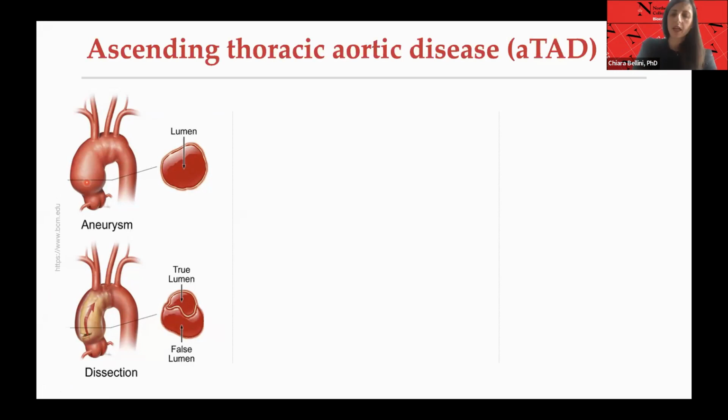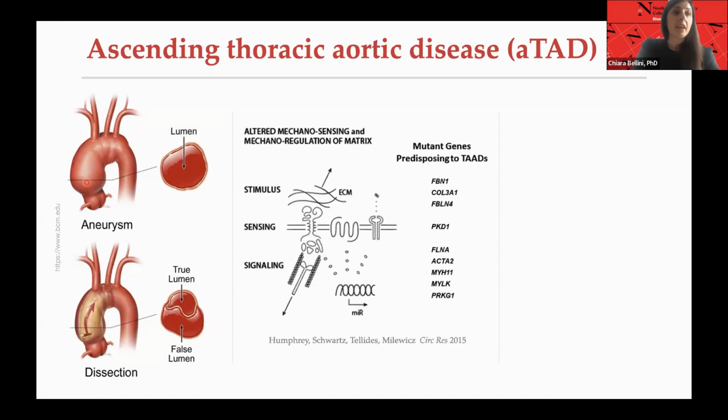And perhaps a clue to answer this question comes from the genetic mutations that predispose to the disease. Indeed, these mutations often prevent the transmission of mechanical stimuli throughout the extracellular matrix, compromise the ability of medial smooth muscle cells to sense mechanical cues, or disrupt signaling in response to mechanical stimuli.